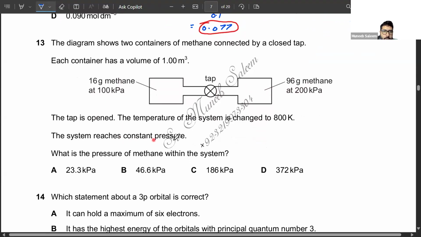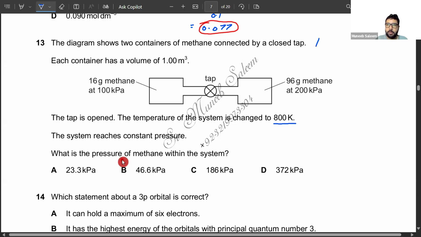The system also reaches a constant pressure. We have to determine that pressure value. So basically, we cannot use the pressure before the tap was opened, because the temperature has been given the value after the tap was opened.